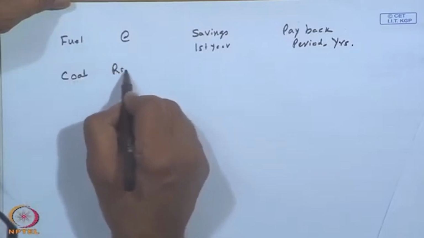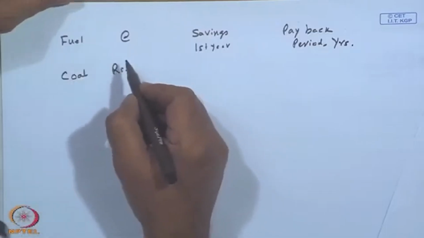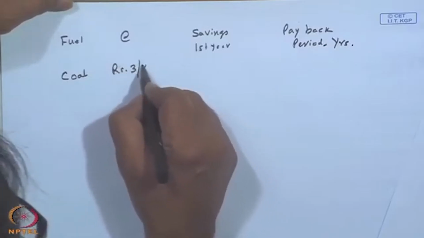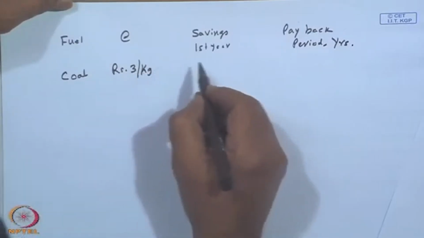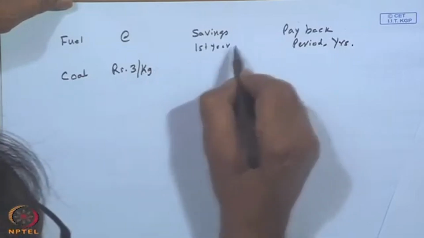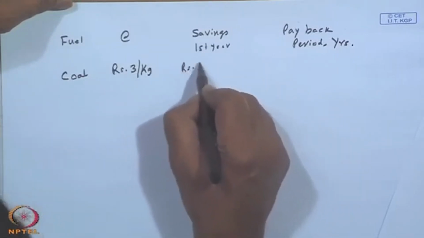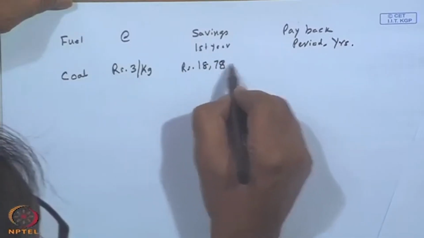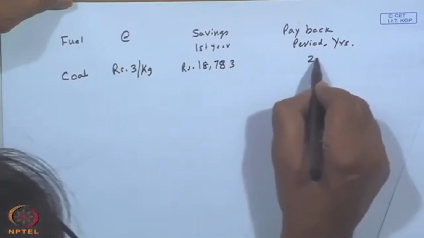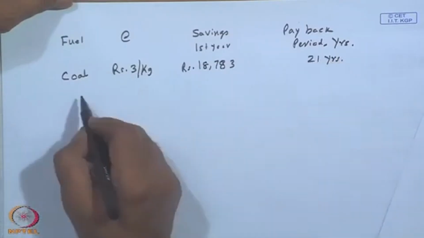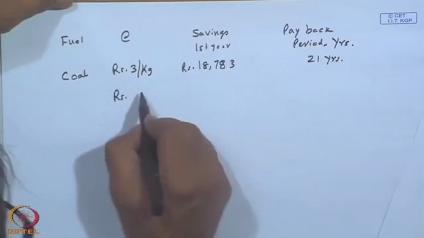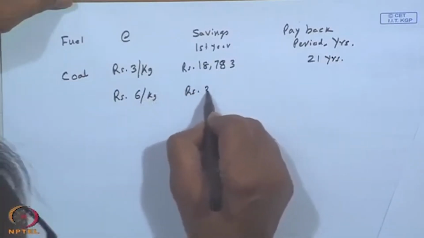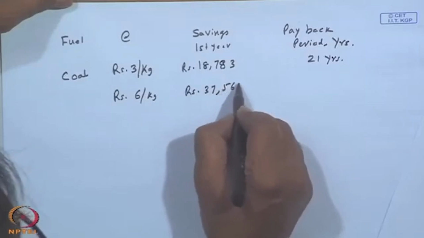So, first one is coal at 1 rupee 70 paisa, which is too low a value, so 3 rupees per kg. This comes to about Rs 18,783, leading to 21 years, and at Rs 6 per kg this comes to double, 37,566.